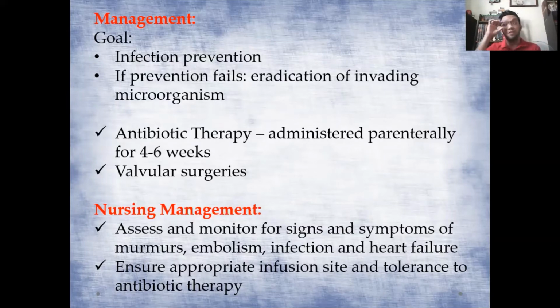But if the patient is infected with any of those microorganisms that I've mentioned earlier, to prevent the occurrence of bacterial endocarditis, antibiotic therapy is still going to be done. But if it complicates, if it causes scarring or deformities of the valves, valvular surgeries, which I've mentioned from my previous lecture, are going to be done.